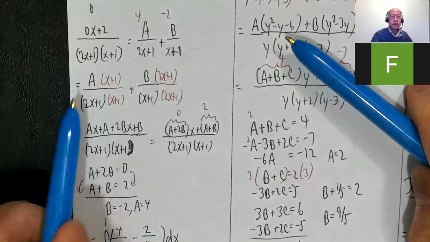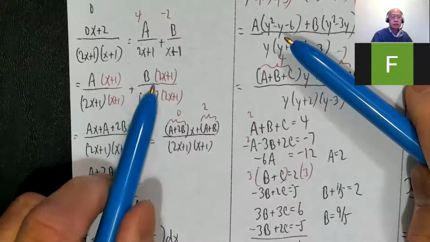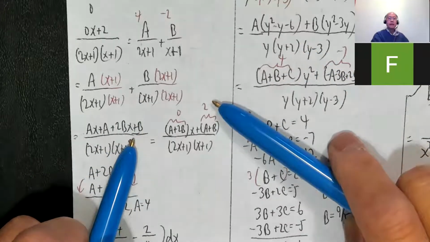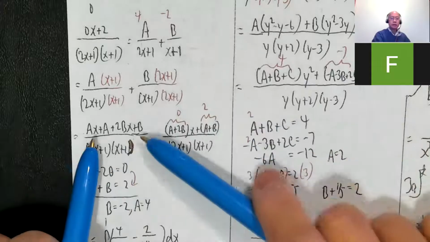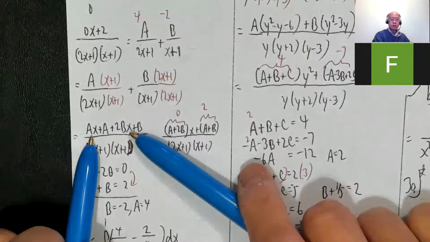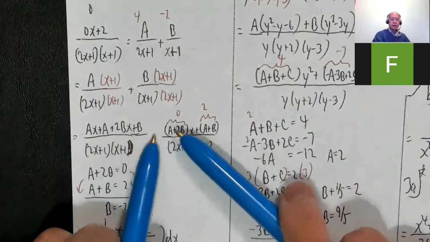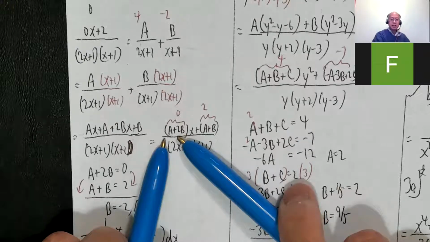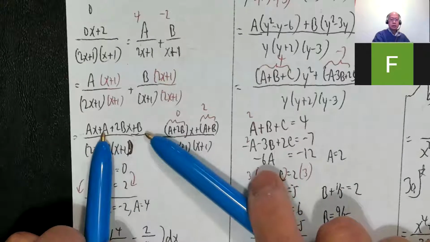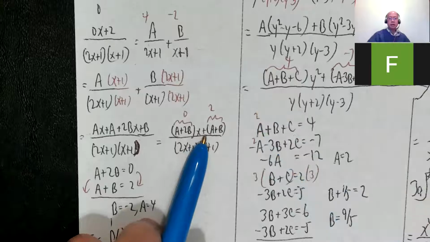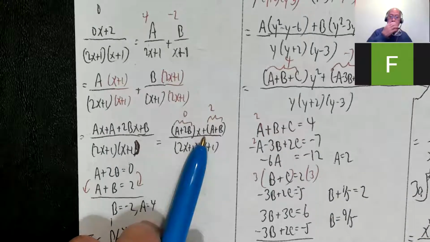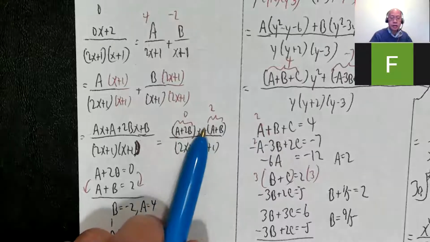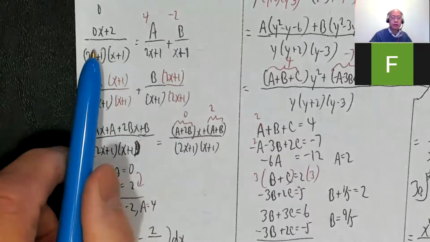Multiply out all the top: Ax plus A plus 2Bx plus B. Now I gather the x's together. These two have x, right? Factor out that x: A plus 2B times x. And then the non-x's, everything that doesn't have an x, these two: A plus B. So this thing is equivalent to this thing, and that's now where I compare it back to the original.